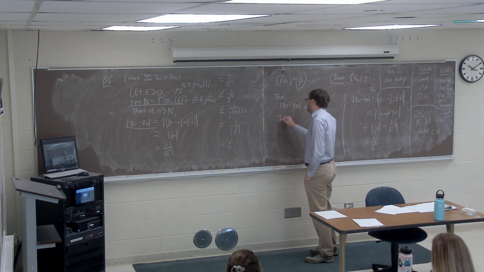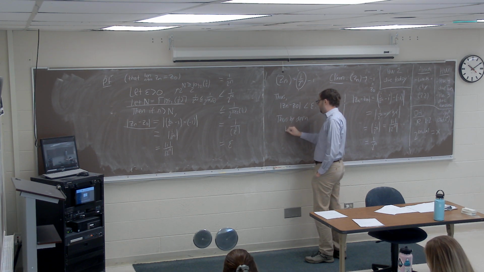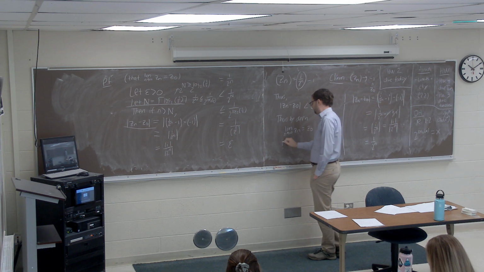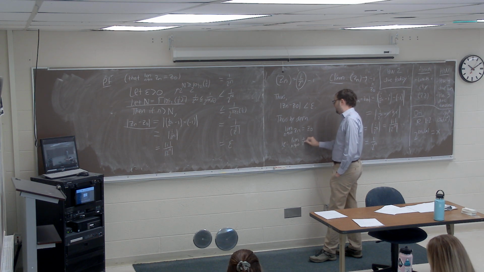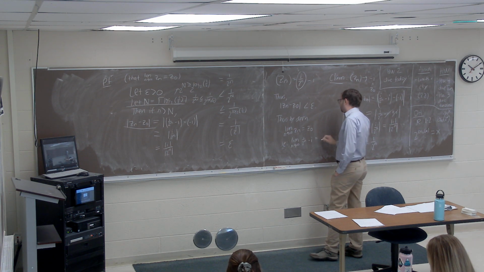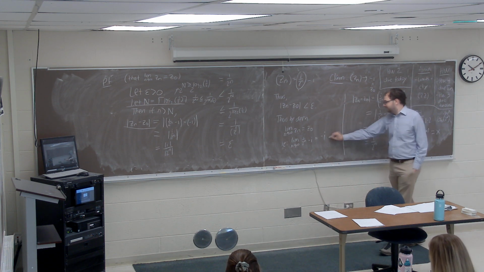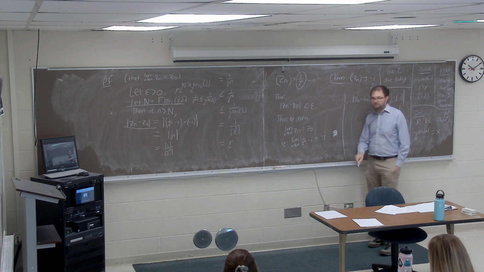Thus, by definition, the limit as n goes to infinity of z sub n is equal to z naught. In other words, the limit as n goes to infinity of i over 2 to the n minus i is equal to negative i. And there's our proof.